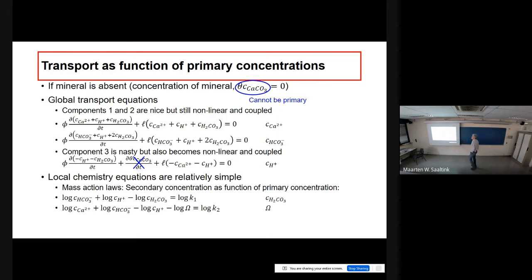What I can do is write the concentration of my second species, H2CO3, as a function of calcium, bicarbonate, H+. And I can just substitute my concentration of H2CO3 as a function of calcium, bicarbonate, H+.